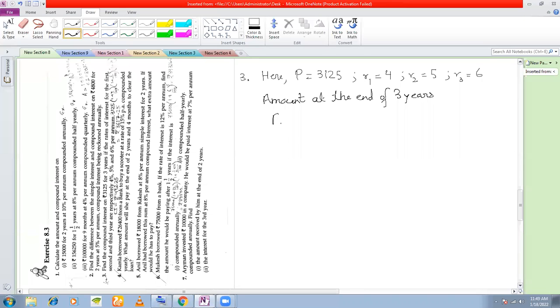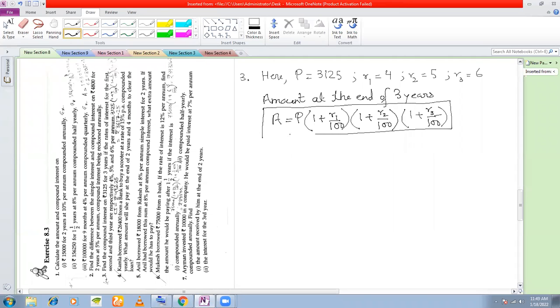Okay, A is equal to principal into 1 plus R1 by 100. This is for the first year. For the next year, it is 1 plus R2 by 100. And for the third year, it is 1 plus R3 by 100. Okay. So when the rates are different for different years, this is the formula that you are going to apply.